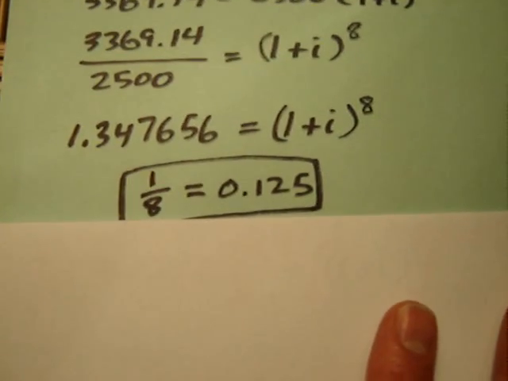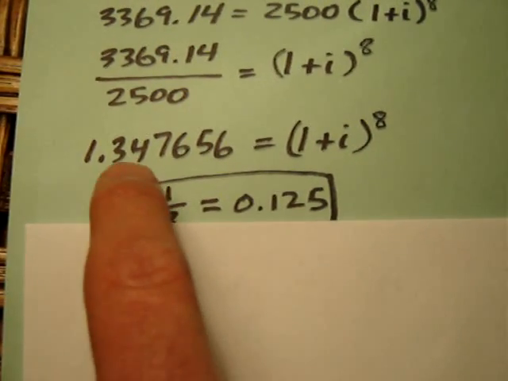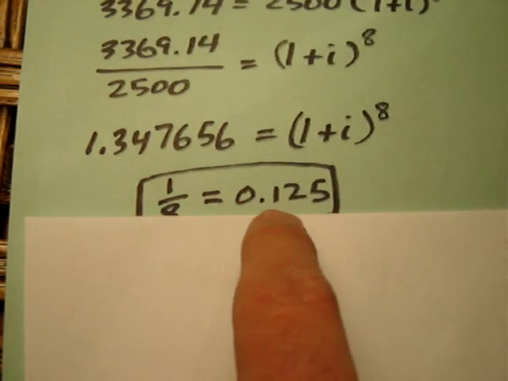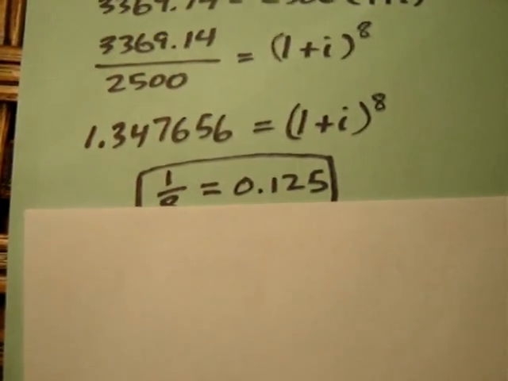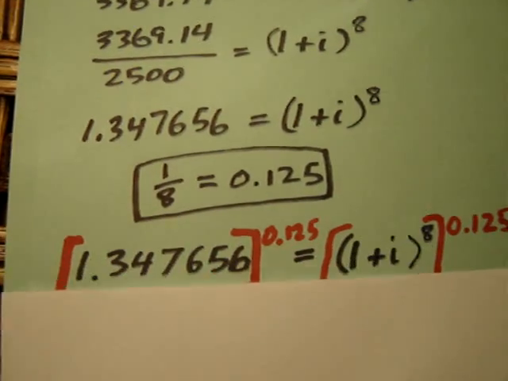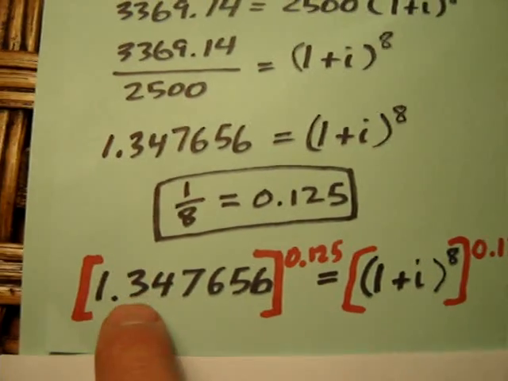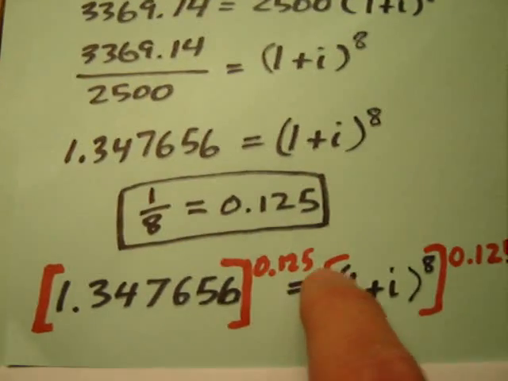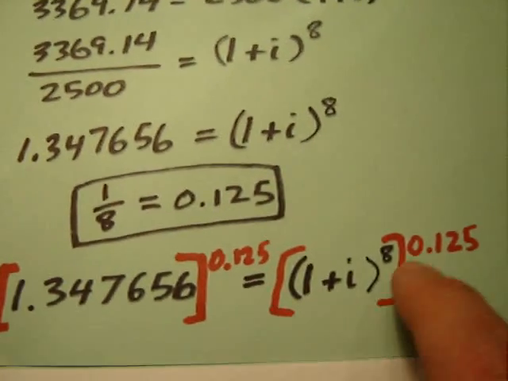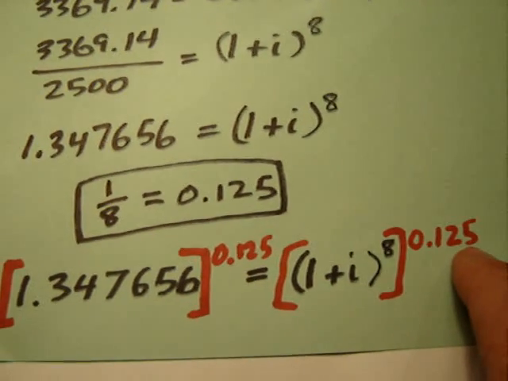So this is perhaps the most difficult step in this compounding interest section. What we then do is we raise the entire left-hand side to this exponent and the entire right-hand side to this same exponent. What we do to the left, we must do to the right. So I raise the left-hand side to the exponent 0.125, and I raise the right-hand side to the exponent 0.125.